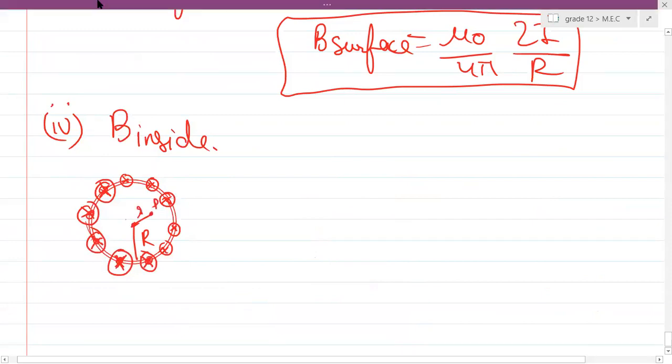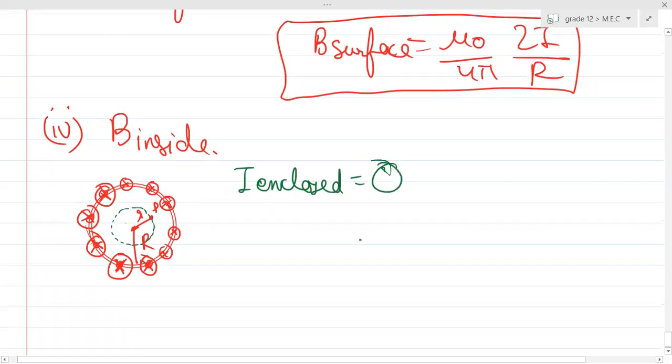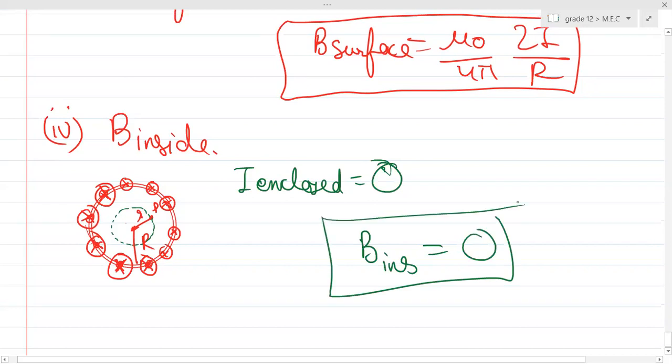So when you draw the Amperian loop, will it look like this? But can you see all the current is outside? So here I enclose 0. Hence the magnetic field inside is also 0. Can you see the similarity, guys?